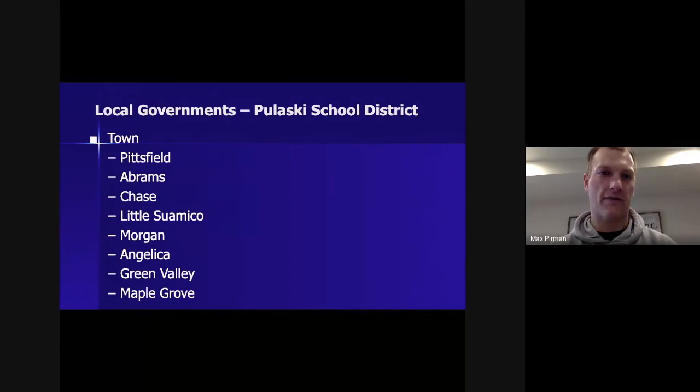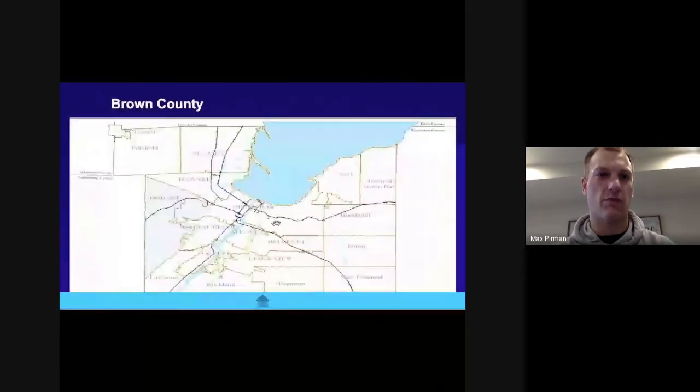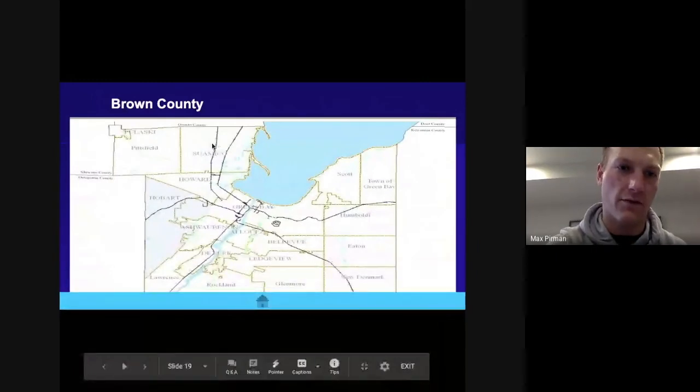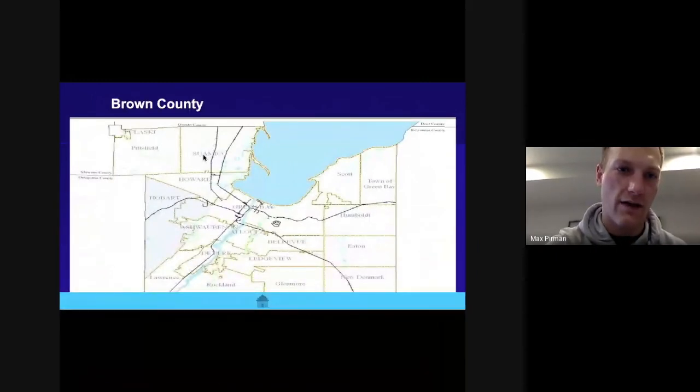Here's just some maps for you to take a look at then. Here's Brown County. So if you look in the upper left-hand corner, there's only a few of them. You can see the village of Pulaski, Pittsfield, village of Suamico, village of Howard. You can see Hobart is on there as well. That's just kind of that northwest corner of Brown County.